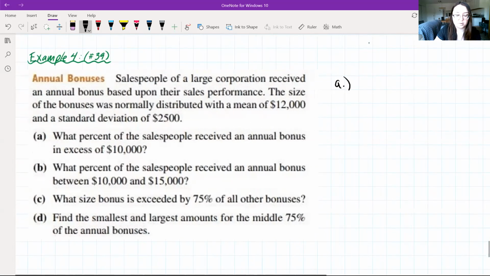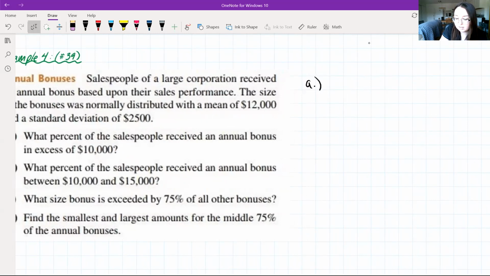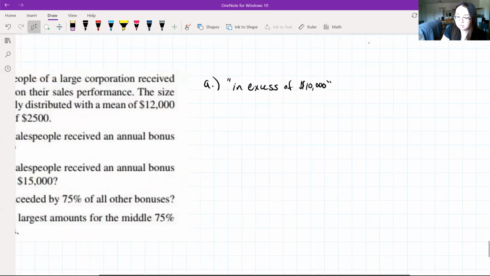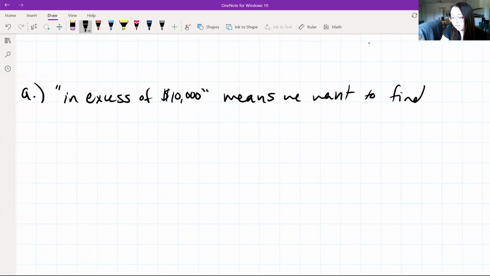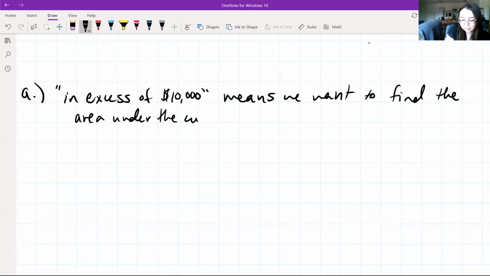This means we want to find the area under the curve to the right of x equals 10,000.